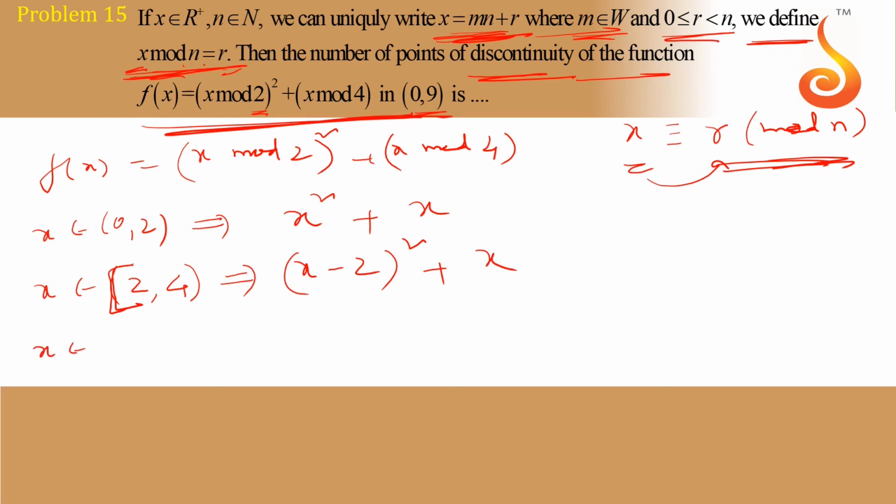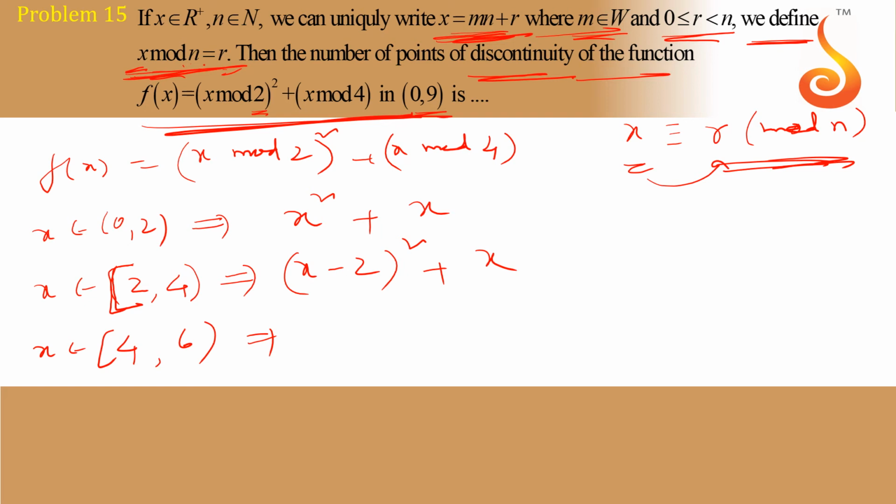Now if I take x from closed 4 to open 6, observe carefully. 4 closed, open 6. Now x's minimum value is 4. If I take 4 under modulo 2, it will be 0. Suppose I take 5 under modulo 2, how much? 2 into 2 plus 1, remainder 1.